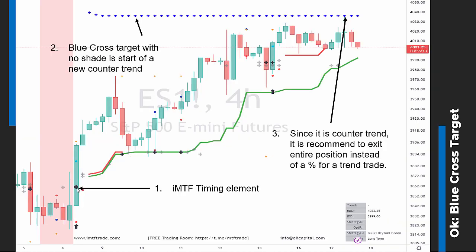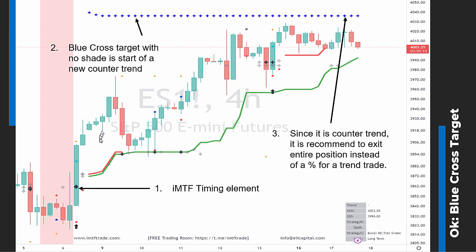Here's another example. Here's a timing element that developed here. In this example, when the timing element occurred, there were no targets at all for the bullish side. So you had to determine a 3-to-1. Later on, a new trend started and you got some blue crosses here.